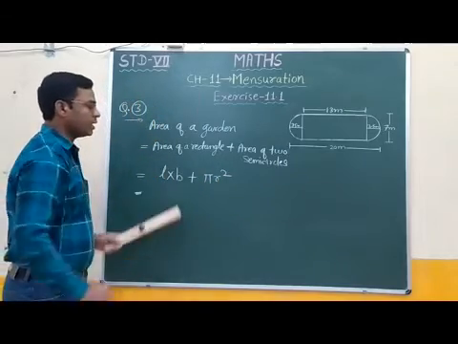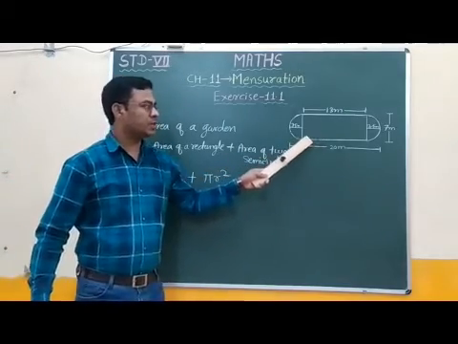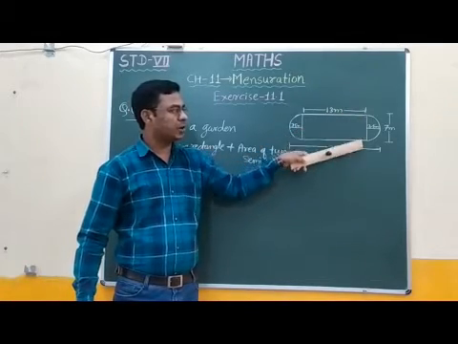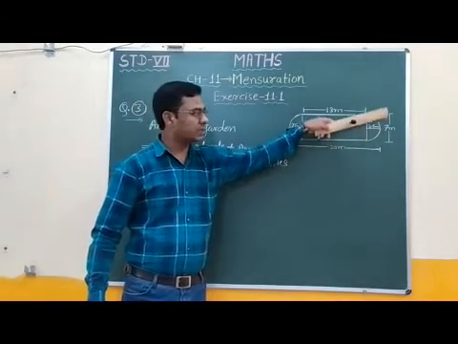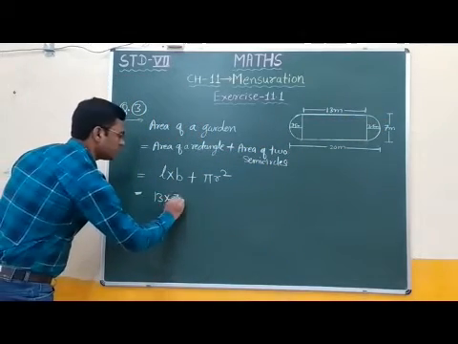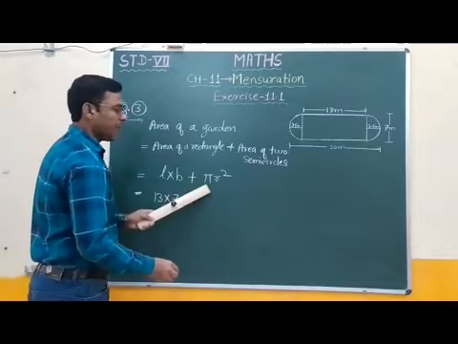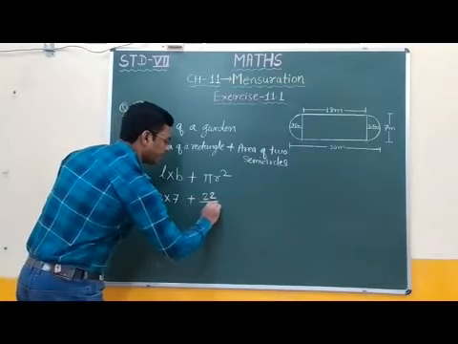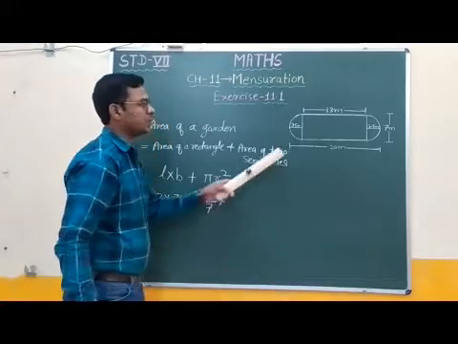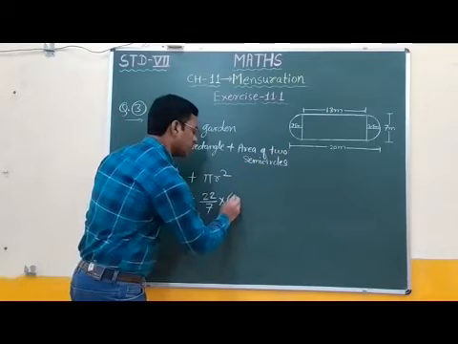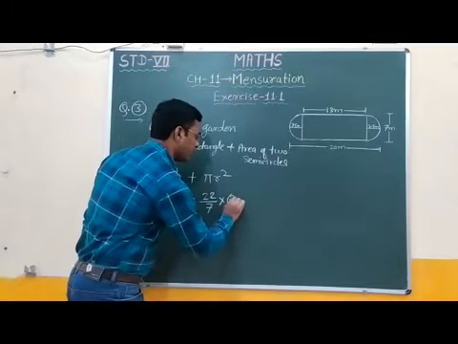Here the length of this rectangular part is 13 meter and the width of this rectangular part is 7 meter. Therefore we can write here 13 into 7 plus pi, that is 22 upon 7, and r is 3.5, so 3.5 square.